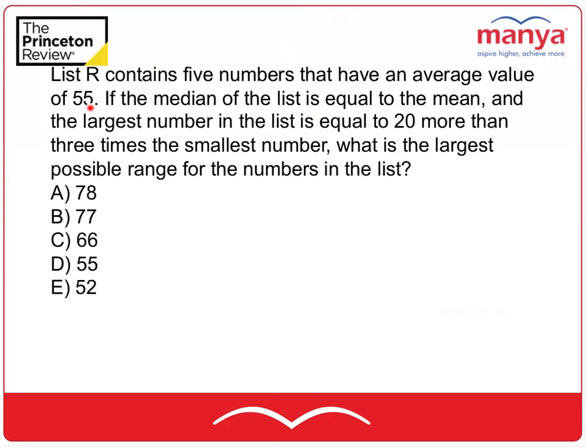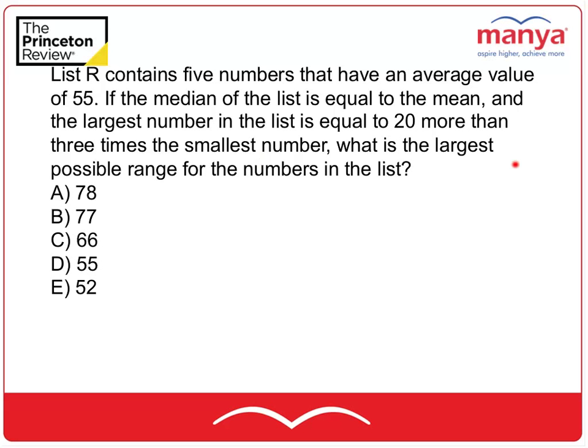As and when you read the question, you should immediately know what data you can infer from it. The median of the list is equal to the mean, and the largest number in the list is equal to 20 more than 3 times the smallest number. So from that we can get the range.